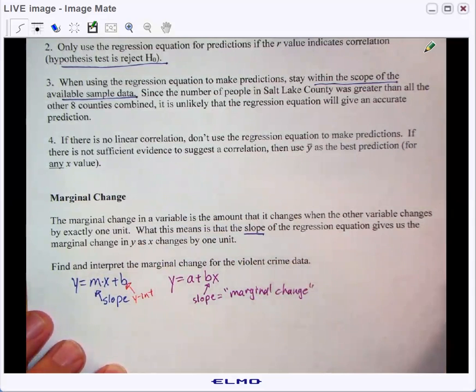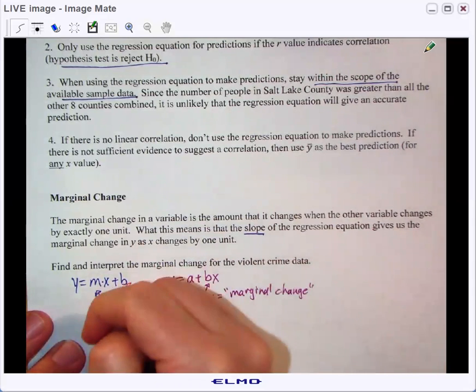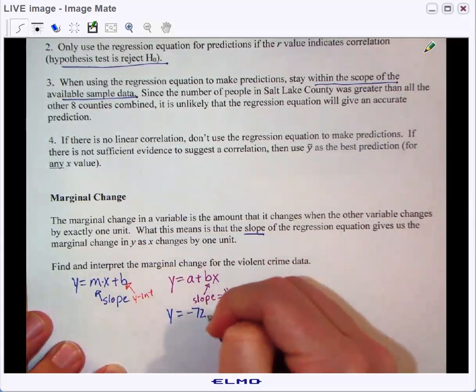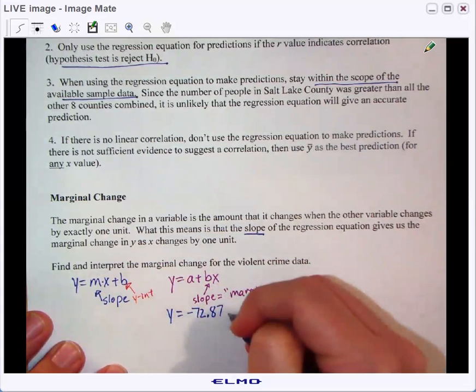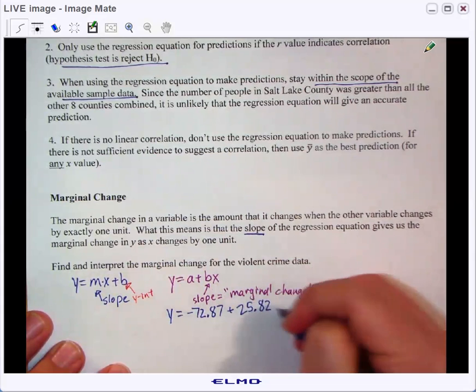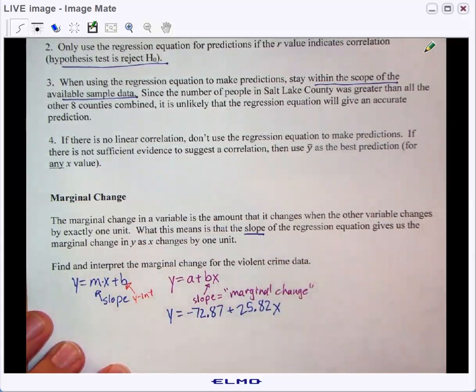And if we remember, our regression equation was y equals negative 72.87 plus 25.82x, okay?